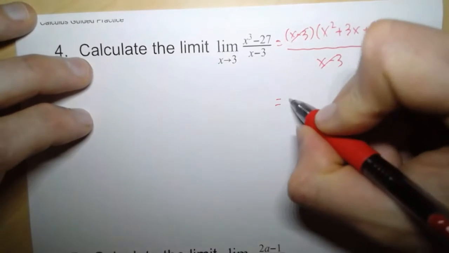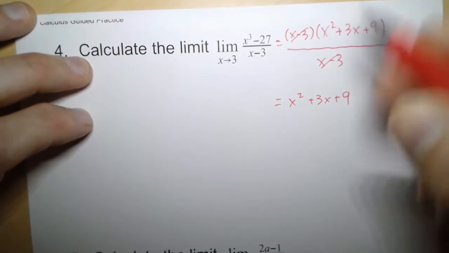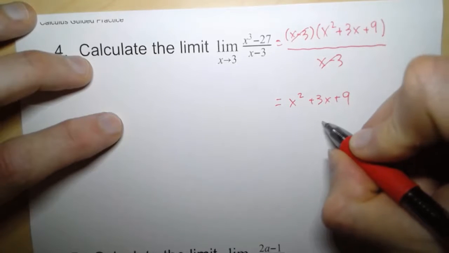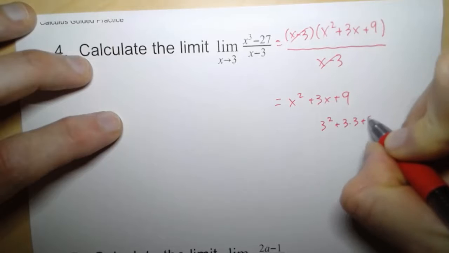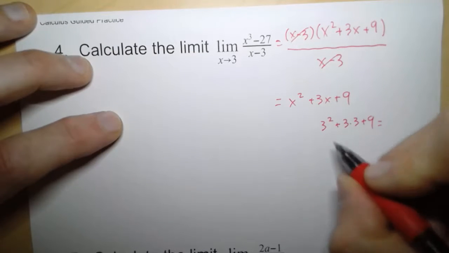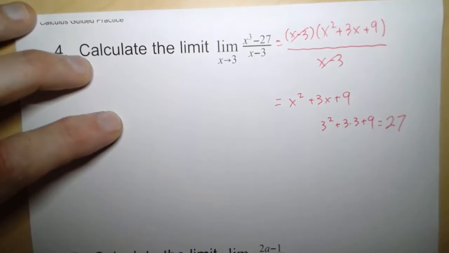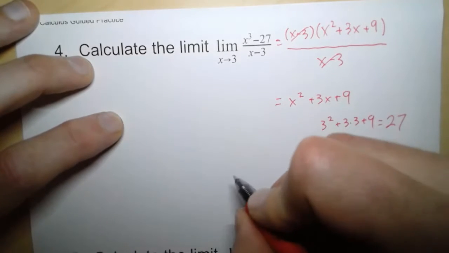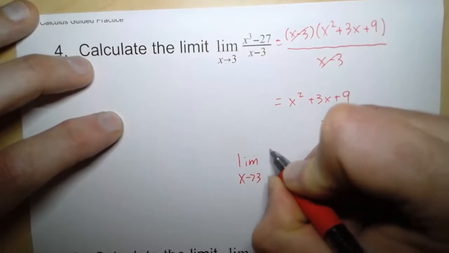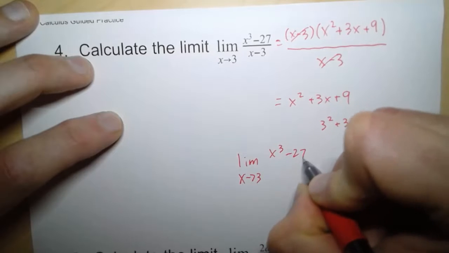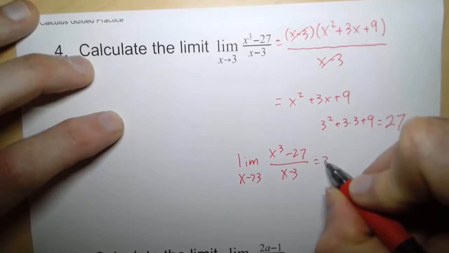What that leaves us with is x squared plus 3x plus 9. So if we substitute in 3, we have 3 squared plus 3 times 3 plus 9. So that's 9 plus 9 plus 9. That's 9 three times, so that's 27. That is what our limit equals. The limit as x approaches 3 of x cubed minus 27 all over x minus 3 equals 27.